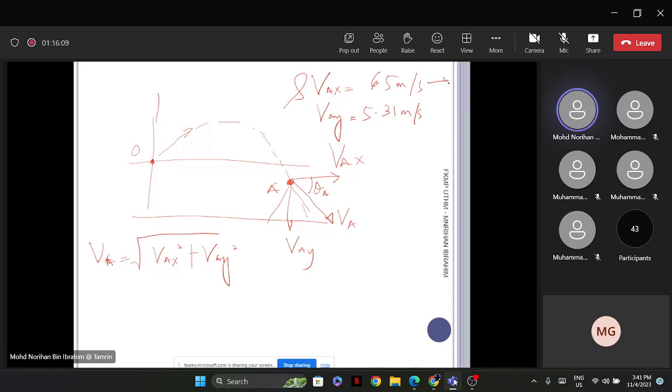This one is in this direction and this direction is downward. So what you need to do is just substitute 6.5 to the 2 plus 5.31 to the 2. Then we can find the magnitude of velocity of the chip when it reaches point A. Just before it hits point A, it has the velocity of 8.39 meter per second. And this is the magnitude.